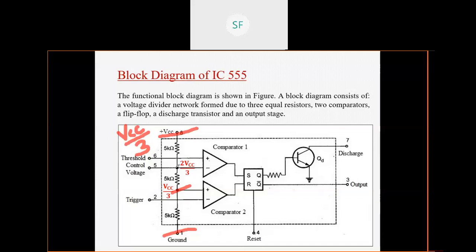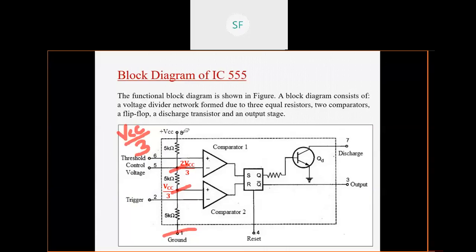Similarly, if I measure the voltage across the second resistor, between this point and this point, then again it will be VCC by 3. Again, if I measure the voltage across the first 5 kilo ohm resistor, which is connected to VCC, I will observe that the voltage dropped across it, between this point and this point, is also VCC by 3.